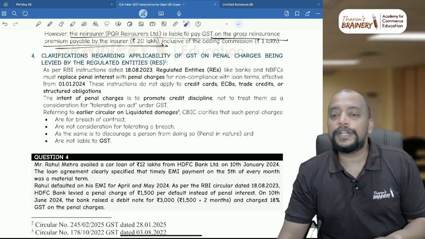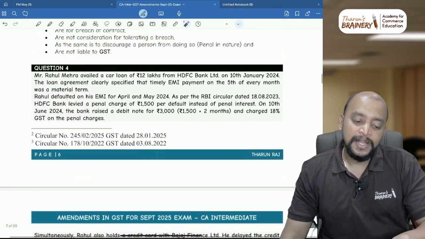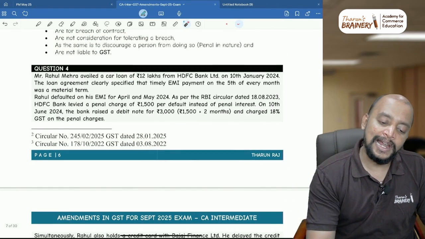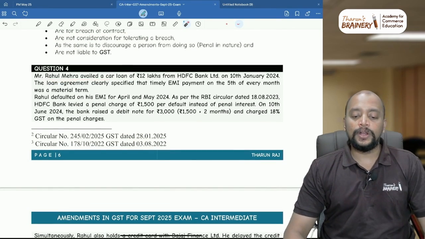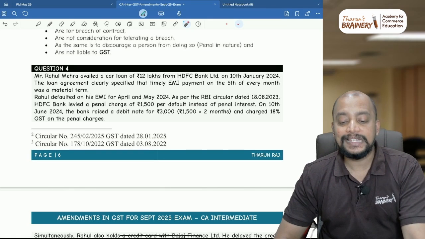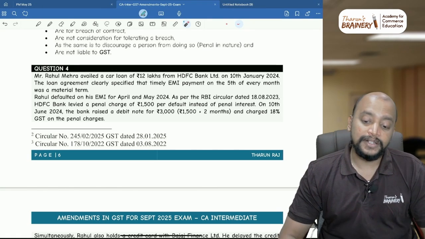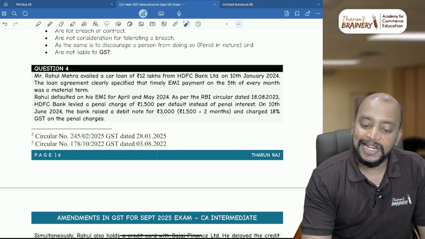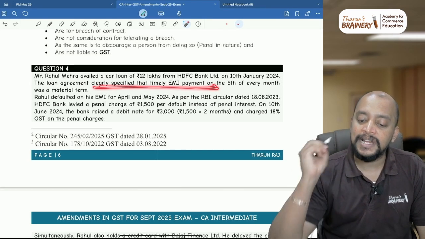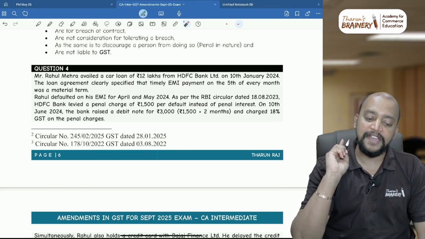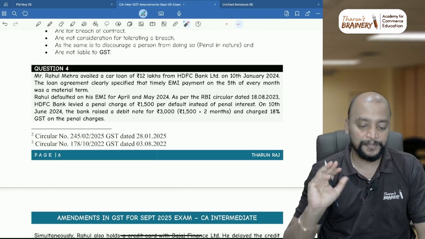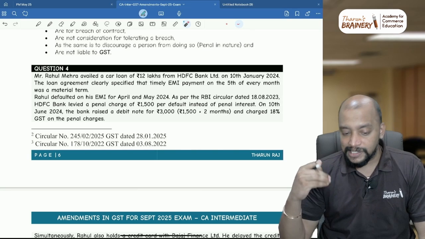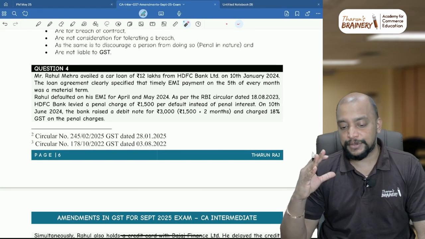Okay. Now look into question number 4. Mr. Rahul Mehra availed a car loan of rupees 12 lakh from HDFC Bank Limited on 10th January 2024. The loan agreement clearly specified that timely EMI payment on 5th of every month was a material term. Rahul defaulted on his EMI for April and May 2024.